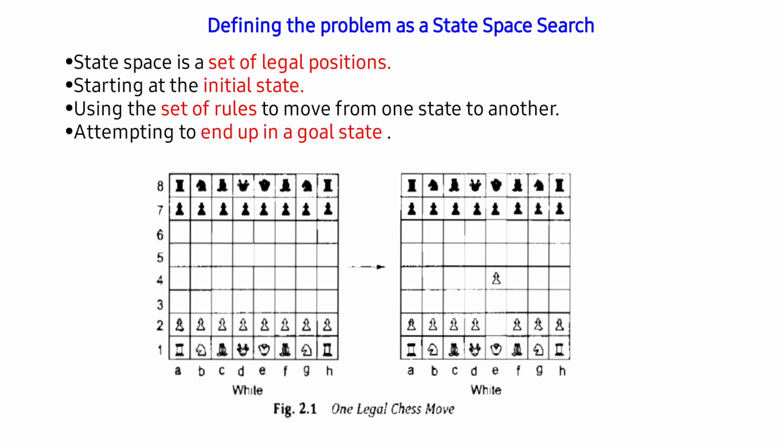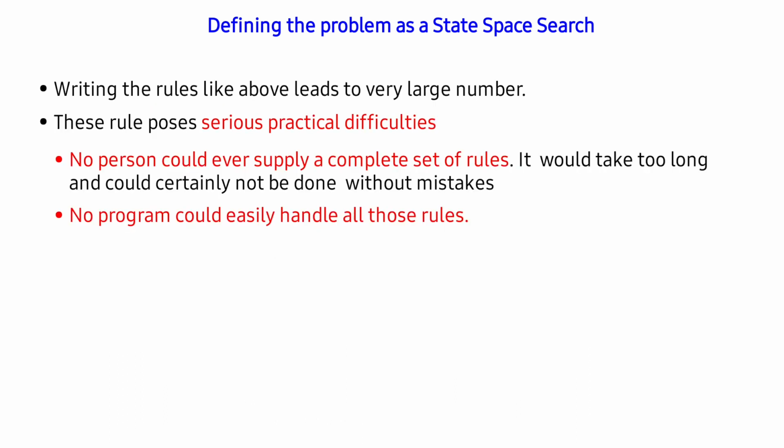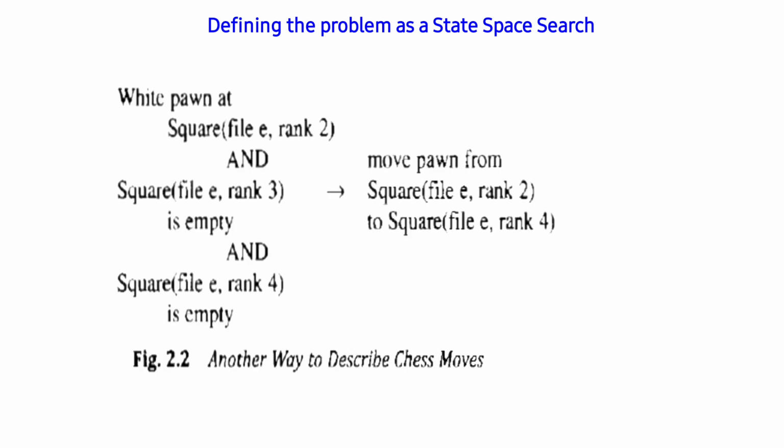But you can think it over, there will be a number of legal moves when you're playing a chess game. It is not possible to write all the rules and store them in computer memory, because it will pose serious difficulties: no person could ever supply a complete set of rules and no program could easily handle all those rules.